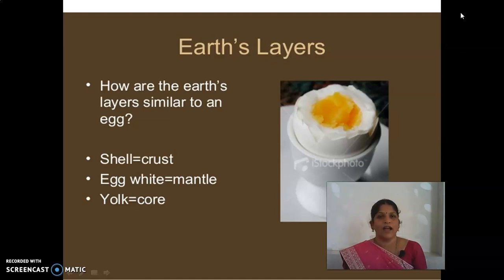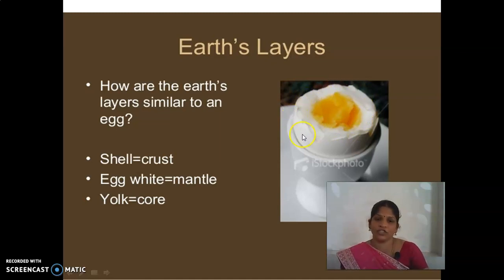Okay, children? I hope you understood. Okay? Now imagine, or you take an egg itself. Okay? Imagine it's semi-boiled. Okay? It's not fully boiled, semi-boiled, half. That yellow color is core, deep inside. Then the next layer is what? Mantle. This layer is mantle.